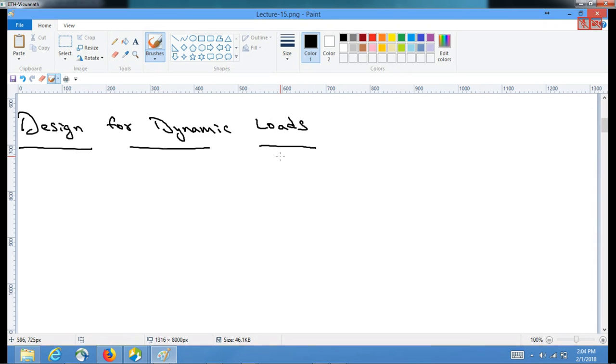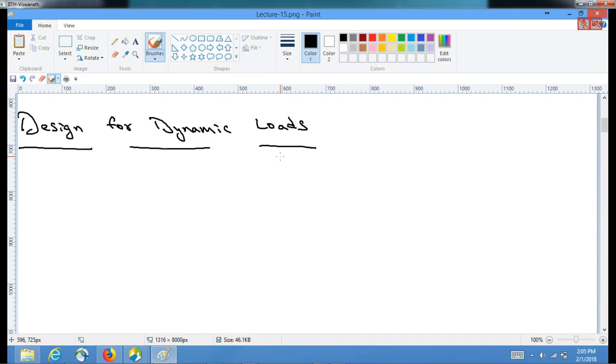These all create inhomogeneity in the structures, and these inhomogeneities result in stress concentrations, which are especially important for dynamic loads compared to static loads.